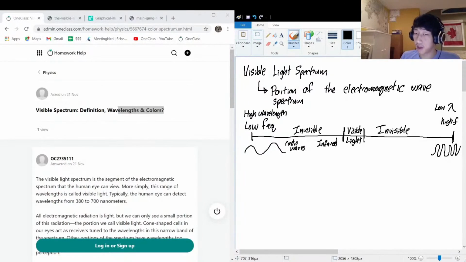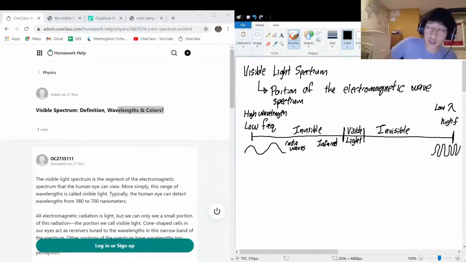Some animals have infrared vision. That's why some animals are better able to see in the dark, because their eyes can pick up more infrared stuff. And infrared waves also are what power night vision goggles. If you're trying to see in the dark, there's no visible light, but there still is a lot of infrared light around. Night vision goggles interpret those infrared signals and transform them into visible signals so that we can better see in the dark.